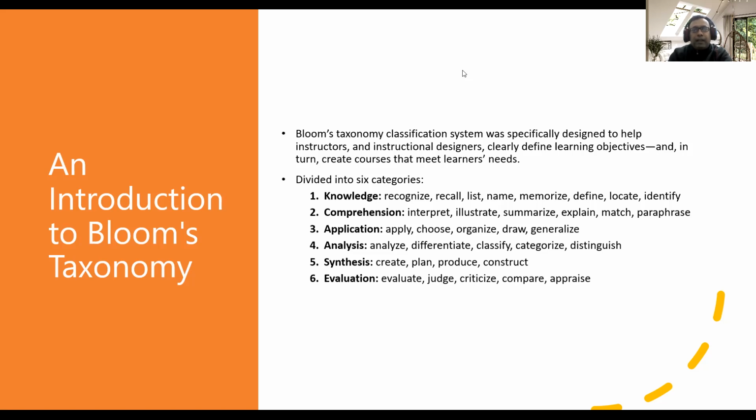Given that we are using the taxonomy, let's try to use different action verbs here. In knowledge, you have recognize. So if you were to change this wording, you can say: recognize what learning and development is and the different roles available.